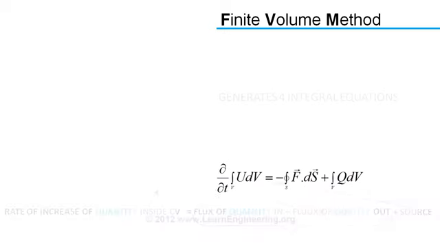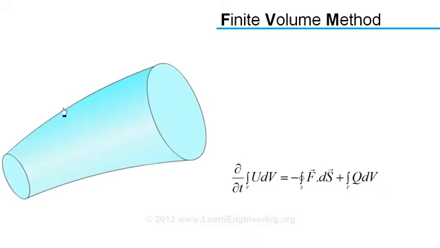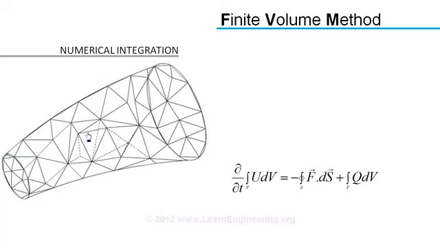Now the challenge is to solve these equations throughout the control volume numerically. Here there are surface and volume integrals. We will execute numerical integration of these on small non-overlapping cell volumes of arbitrary shape. Such a cell is shown here.